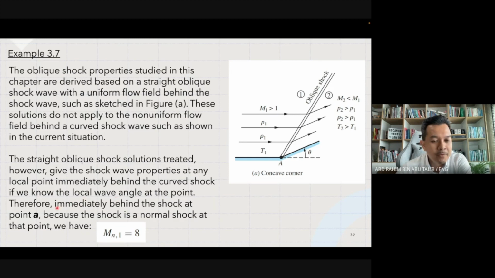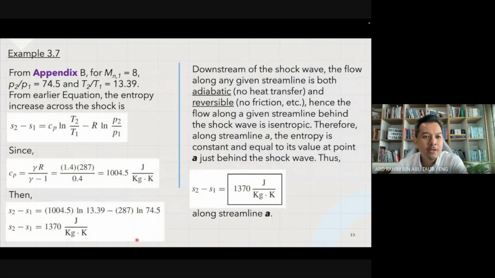Therefore, immediately behind the shock at point A, because the shock is a normal shock, at that point we have Mn1 equal to 8. Reading from appendix B, for Mn1 equal to 8, we have the pressure ratio P2 over P1 equal to 74.5, and temperature ratio T2 over T1 is 13.39. From our earlier equation, we want to find the entropy.